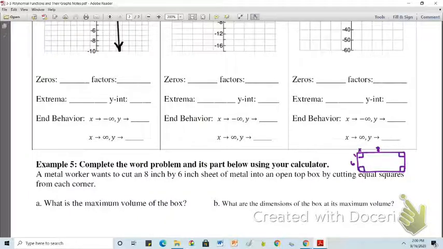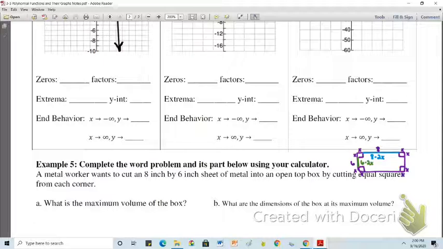Well, I don't know how big those corners are that I'm cutting out, so we're going to put an X there. Now, because of that, this new length now for my box would really be 8 minus 2x. And this new width for my box is going to be 6 minus 2x.